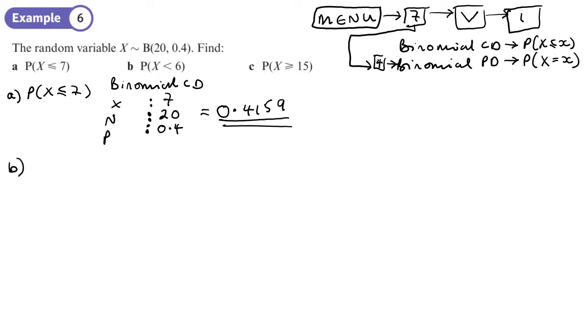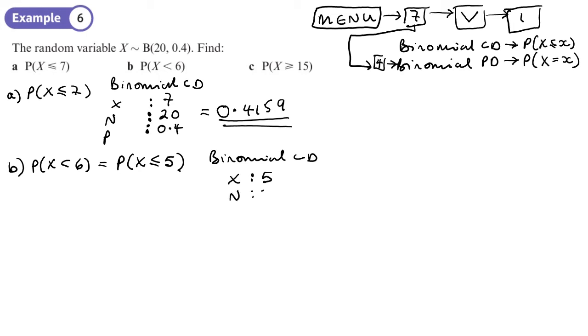Okay, part B, this is asking for the probability of x less than 6. So step number 1, convert it to a less than or equal to. If it's less than 6, the last whole number I'm going to is 5. So when I'm on my calculator and I've got binomial CD at the top, x is going to be 5, n is still 20, and p 0.4.